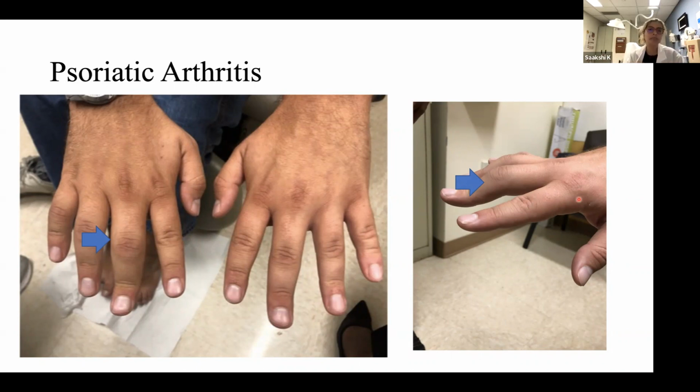There are certain types of psoriasis lesions on the skin that have a higher association with psoriatic arthritis. So if you have nail or scalp psoriasis, that increases your risk of developing psoriatic arthritis by 3 to 4-fold. Of course, if you have extensive psoriasis, those patients tend to have higher odds of having psoriatic arthritis.